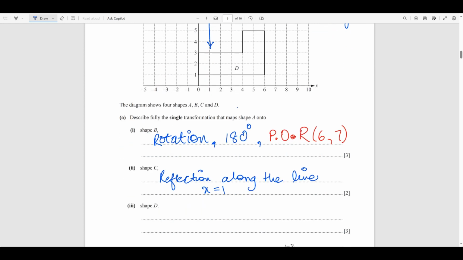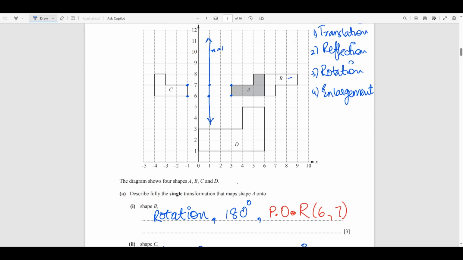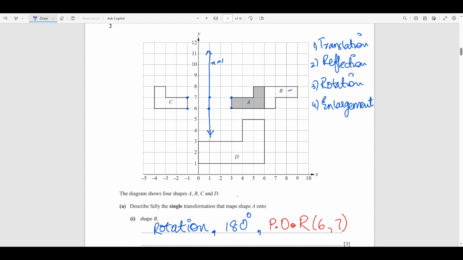Okay, so from A to D is enlargement, right? A to D is definitely enlargement because A and D have changed size. And this is positive enlargement because D looks somewhat like it has translated. If you think that it has translated and not rotated at the same time, it's positive enlargement.